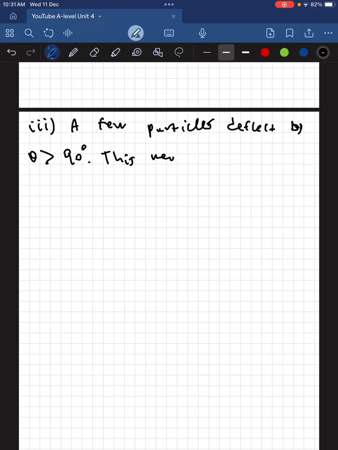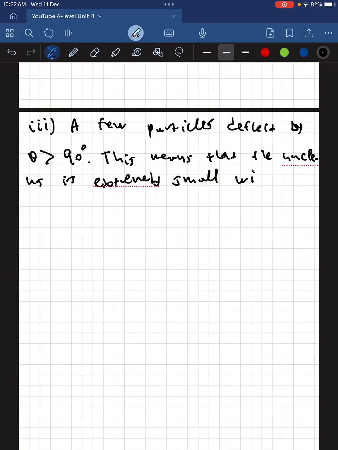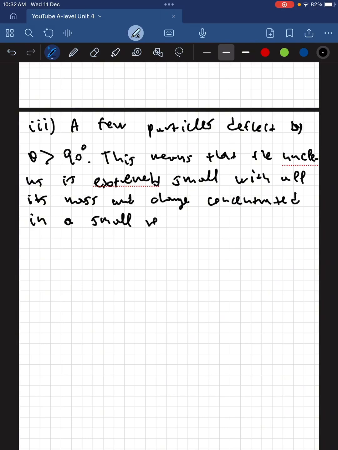This means that the nucleus is extremely small with all its mass and charge concentrated in a small region in space.